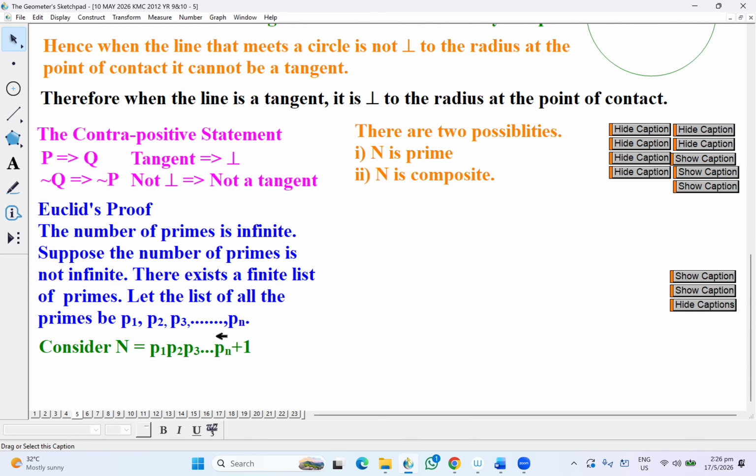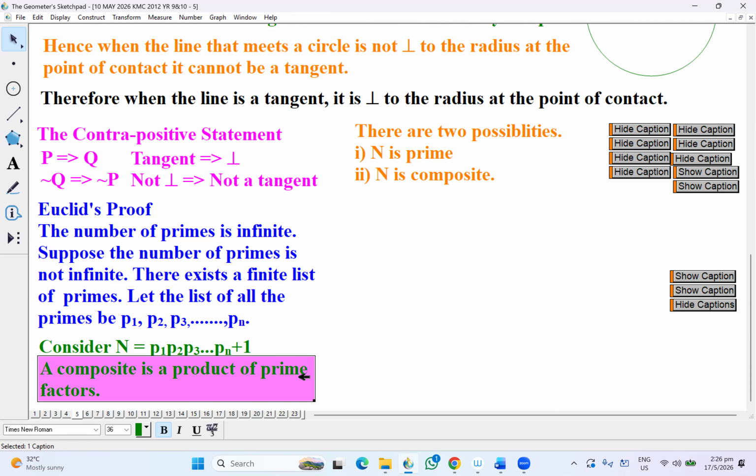N is a prime or N is composite. A composite is a product of primes. When you have like 12, 2 times 2 times 3, like that, it can be expressed as a product of primes. So it's called a composite.